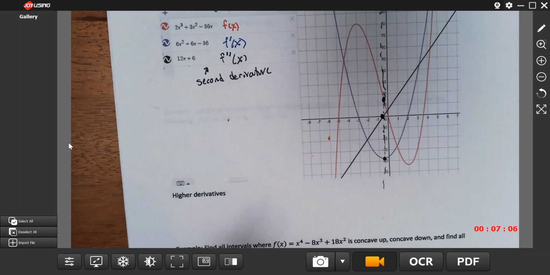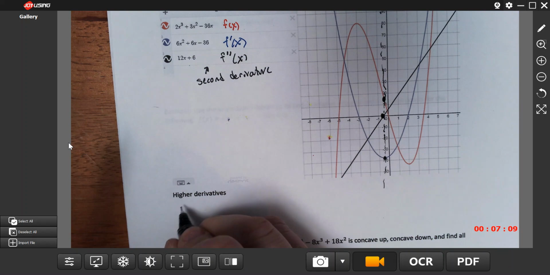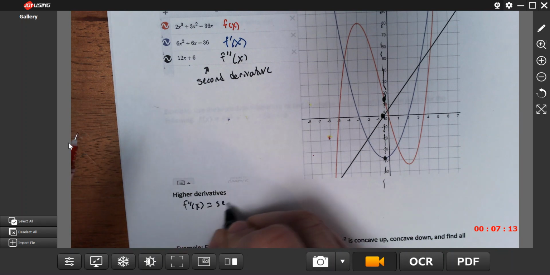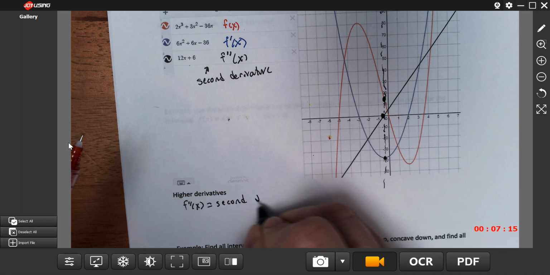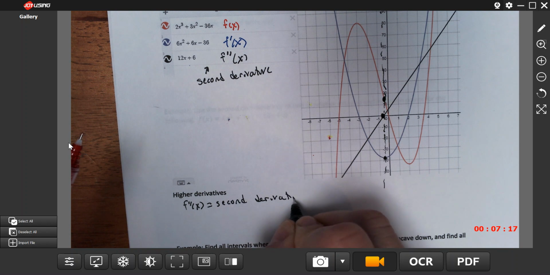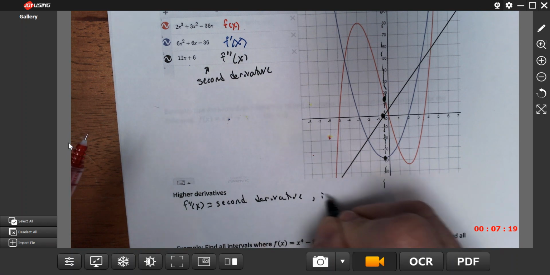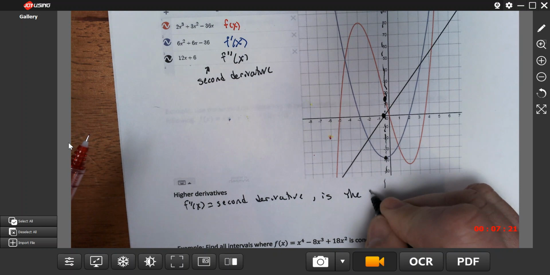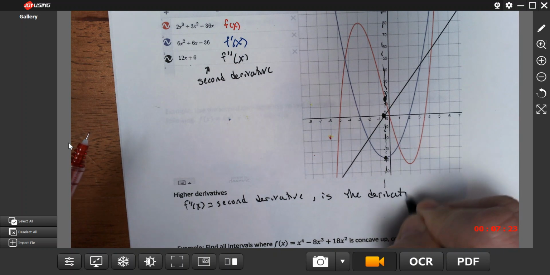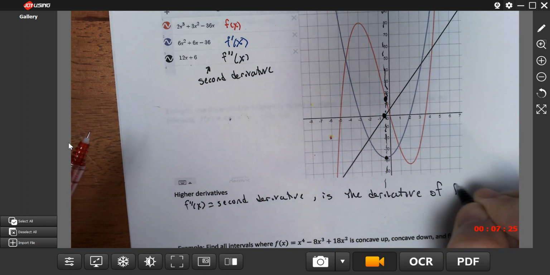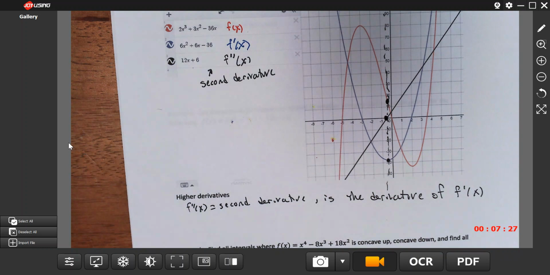So we're going to use that in a minute, but let's talk about higher derivatives. So f double prime of x is the second derivative, and it is the derivative of the derivative. So I'll use the notation f prime of x. And you can do third derivatives and fourth derivatives, but we're going to stick with second derivatives for now.